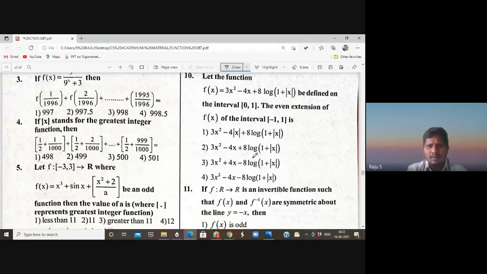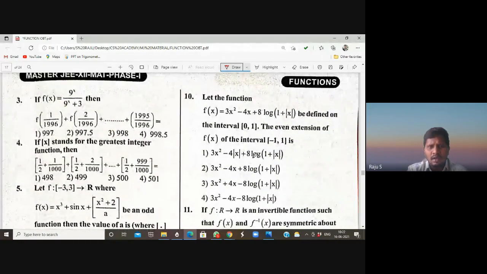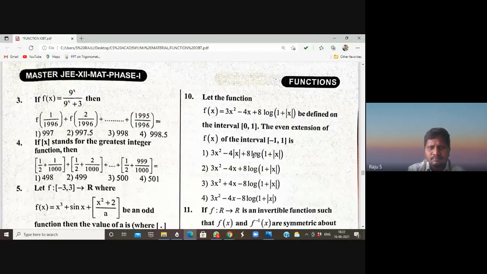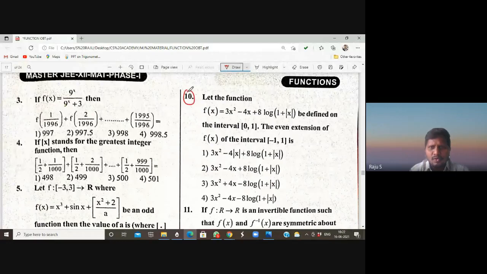Now let us go for the next question, question number 10. So what is question number 10? Let the function f of x equal 3x squared minus 4x plus 8 log of (1 plus modulus x) be defined on the closed interval 0 to 1.